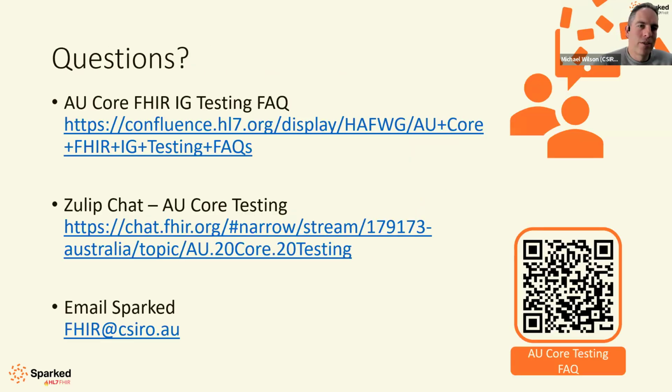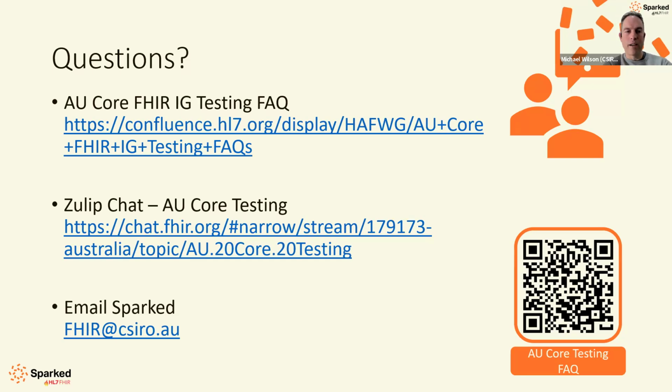If you have more questions or comments about testing, we've got a number of different channels. We've got the Confluence page at the top, which has a FAQ. We'll continue to add to this FAQ as more questions come up and as more details become available, so come back and have a look there.